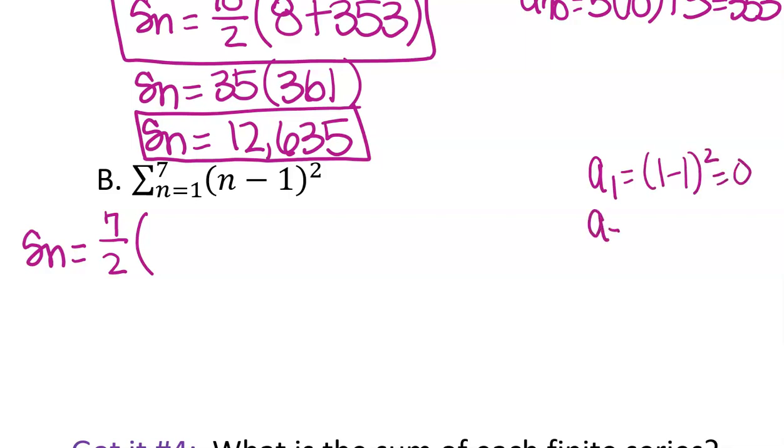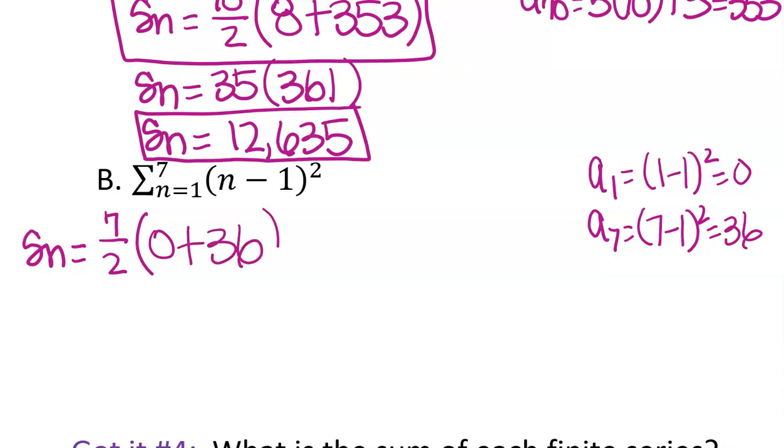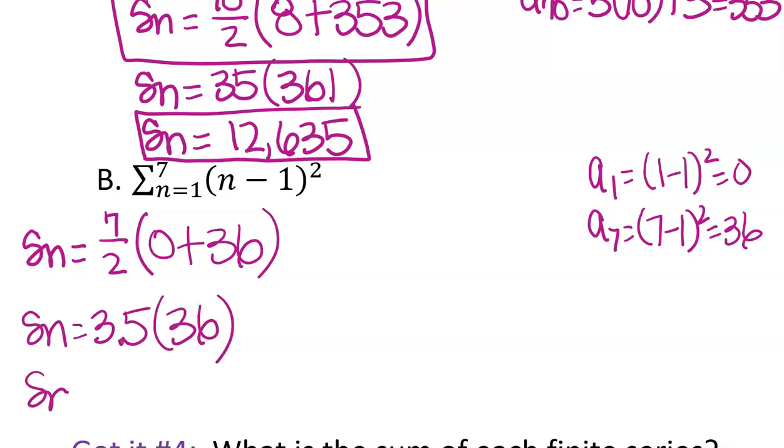My 7th term would be 7 minus 1 squared, which is 36. So I add those 2 terms together, and I get 3.5 times 36, which is 126.